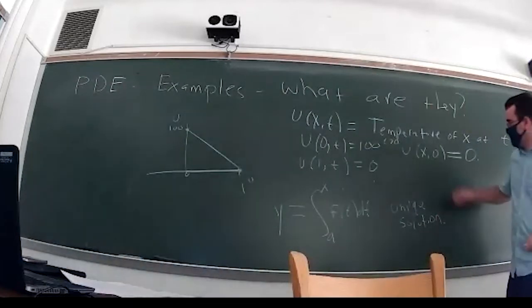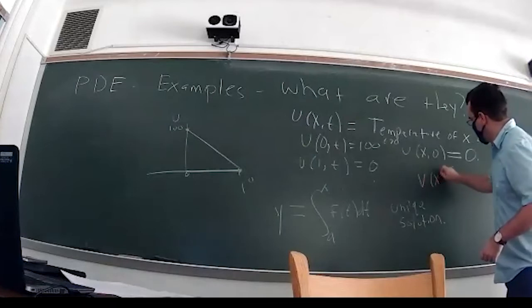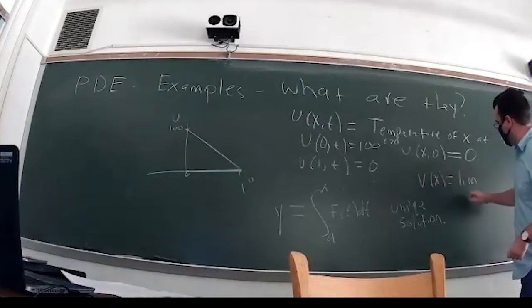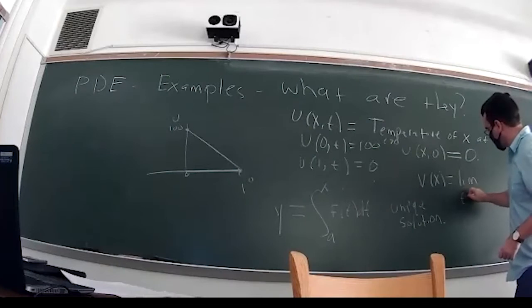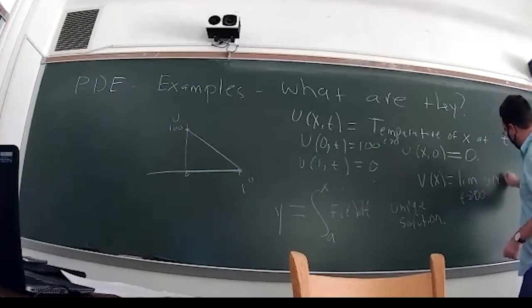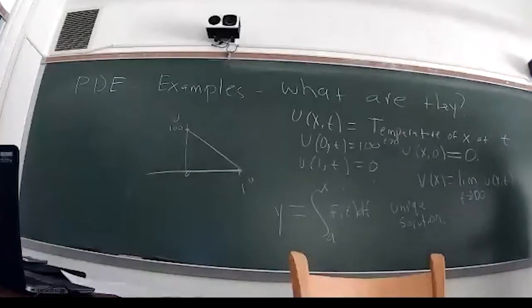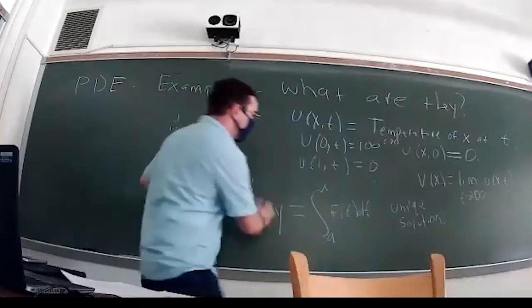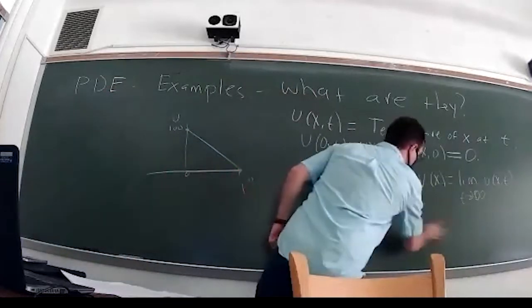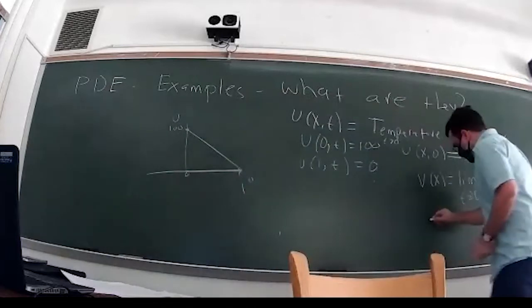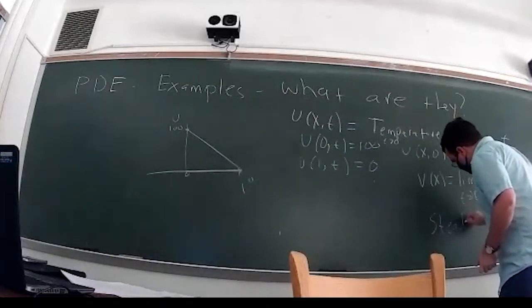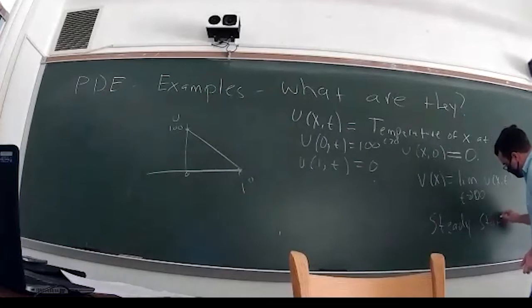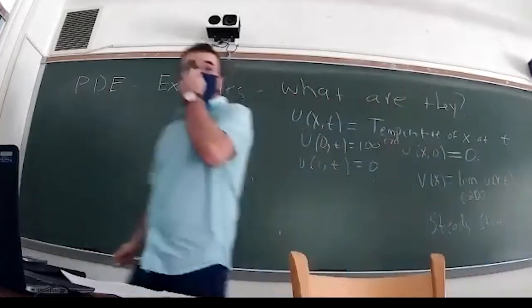Let us write v of x equal to the limit as t goes to infinity of u(x,t), and v of x is called a steady state.